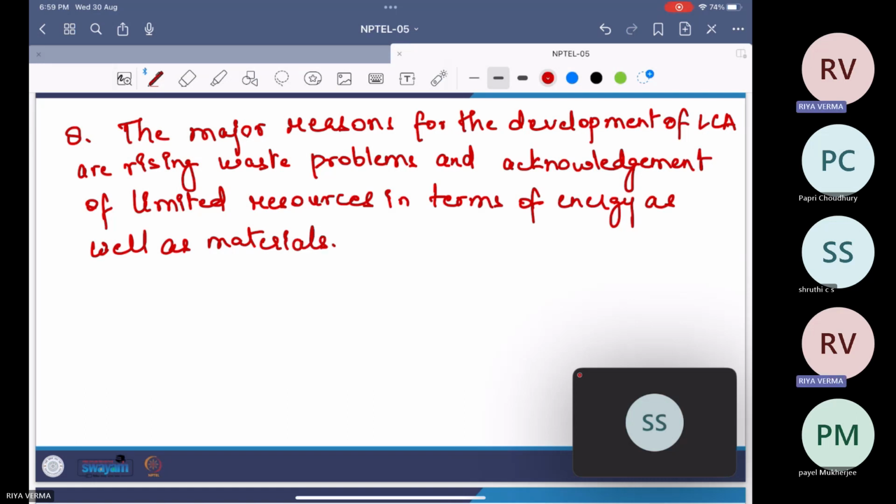So, this is a true false type of question. The statement is the major reasons for the development of LCA are rising waste problems and acknowledgement of limited resources in terms of energy as well as materials. So, is it true or false?